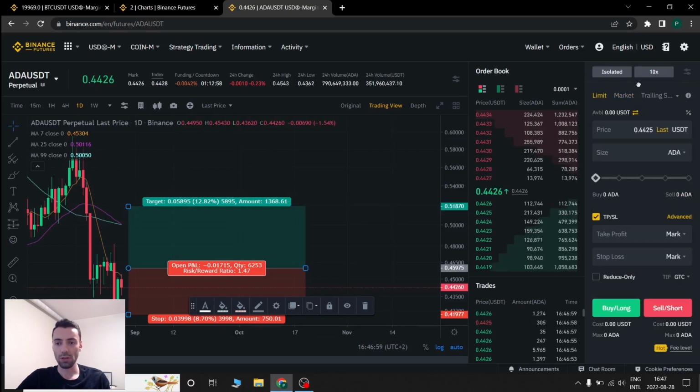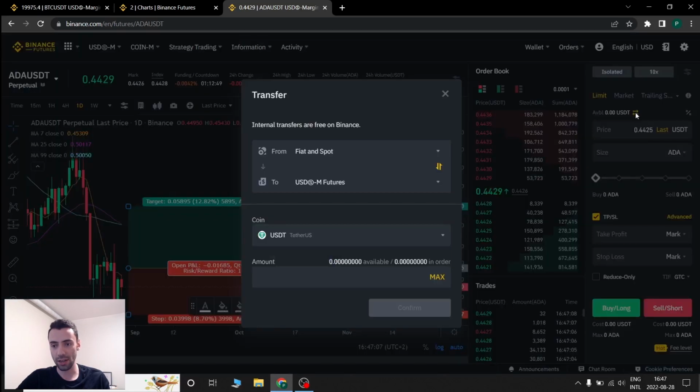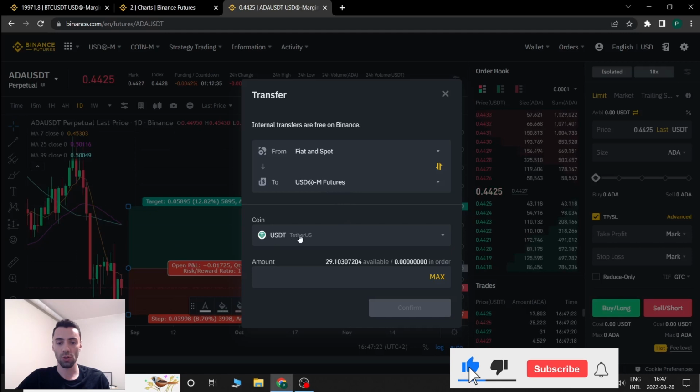So let's open. Before that, we don't have any stable coin here, so let's bring some from our spot part. If we click on this sign here, transfer, internal transfers are free in Binance. So we want from fiat and spot to our USD futures. And what's the coin? USDT.